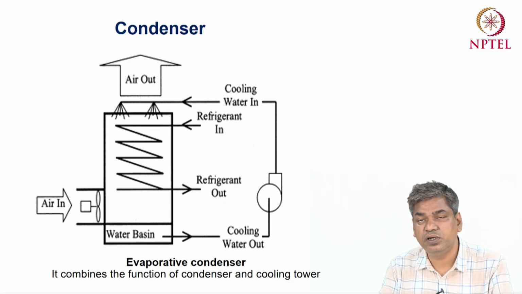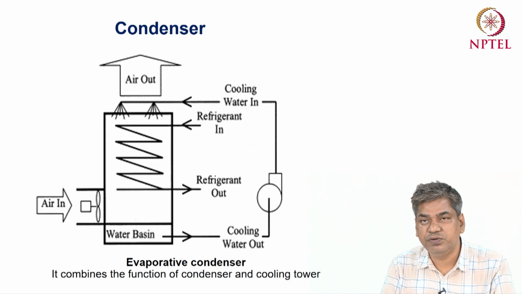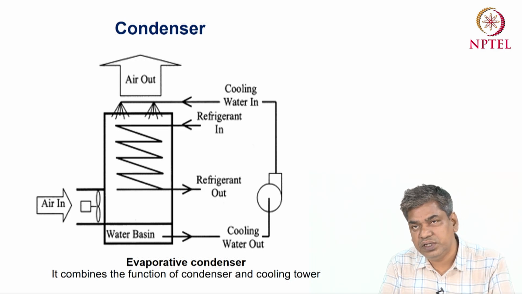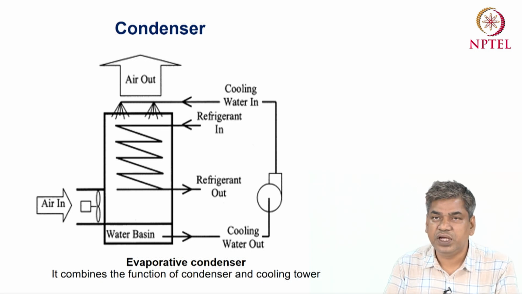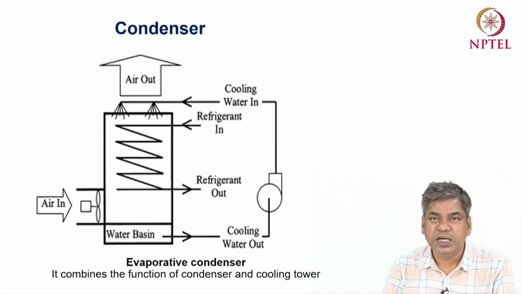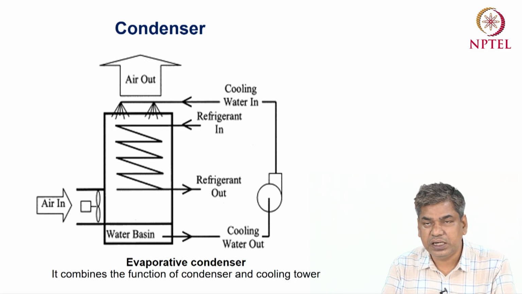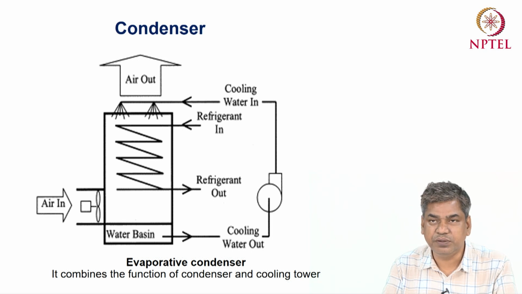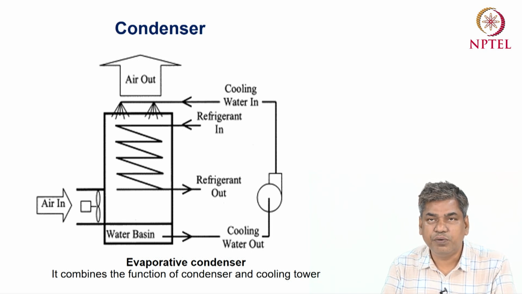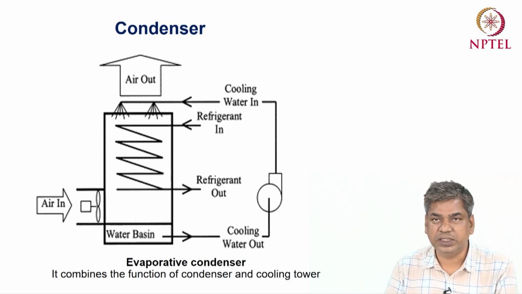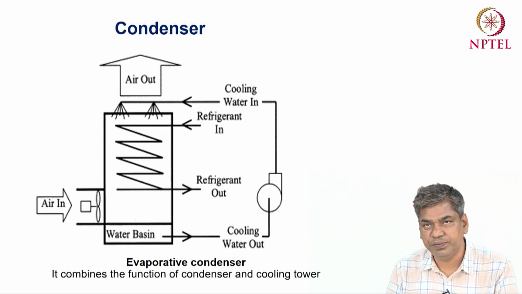In the evaporative condenser, both types of heat transfer occur: one heat transfer due to convection between the refrigerant and air, and another due to the evaporation of water. In this figure you can see at the bottom there is a water basin, and we have a water recirculation system through a pump, and at the top we are spraying the water, and inside the tube there is refrigerant flow.